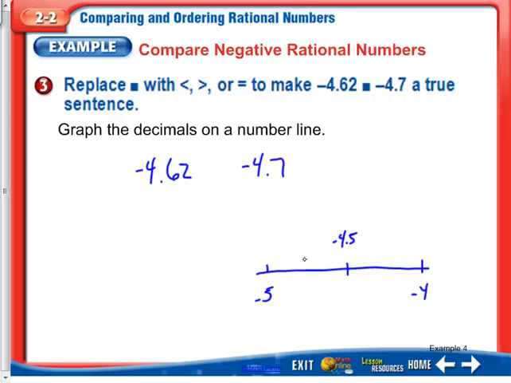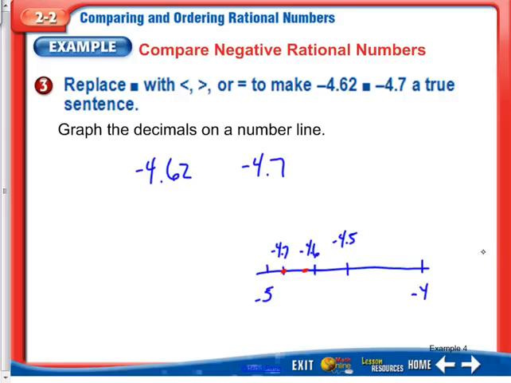Okay, so then we're going to have -4.6. You're going to have your -4.7. Okay, now this might not be to scale, of course, but we just need to make sure we can compare these numbers. So -4.62 is going to be about here, and obviously -4.7 is right here.